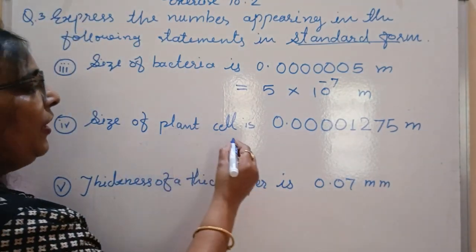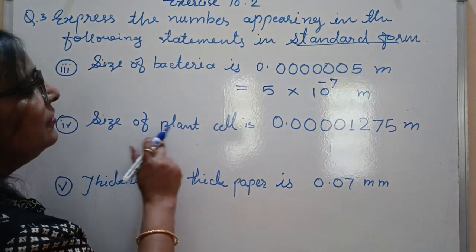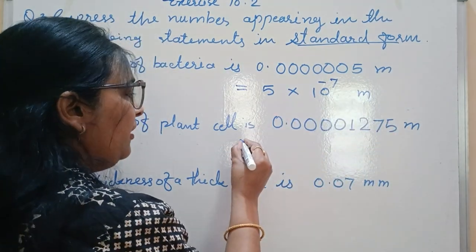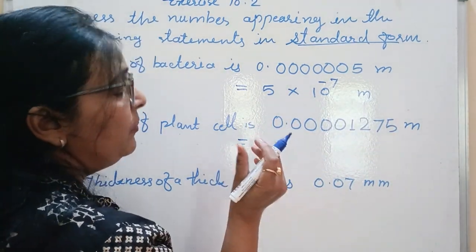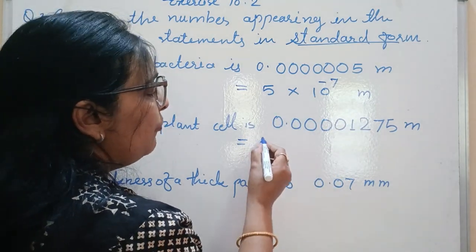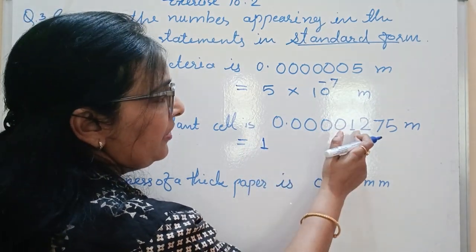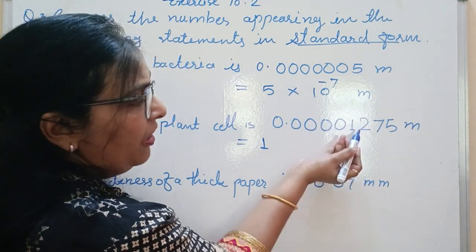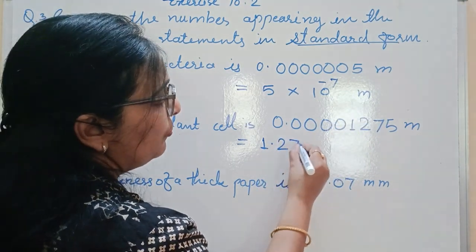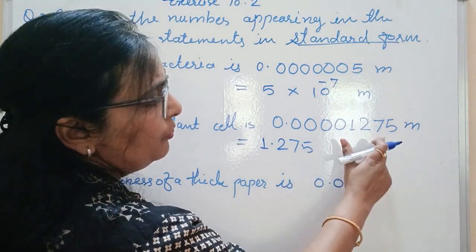Got it? Now, next. What is given here? The size of a plant cell is given, this big number. Again, convert this into standard form. Shift your decimal after the first natural number, that means here after 1. So 1 point, next number is 275.